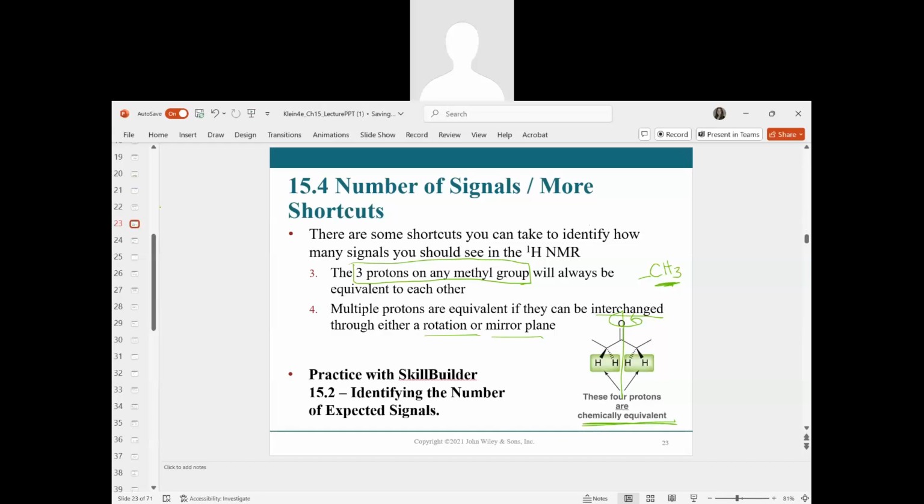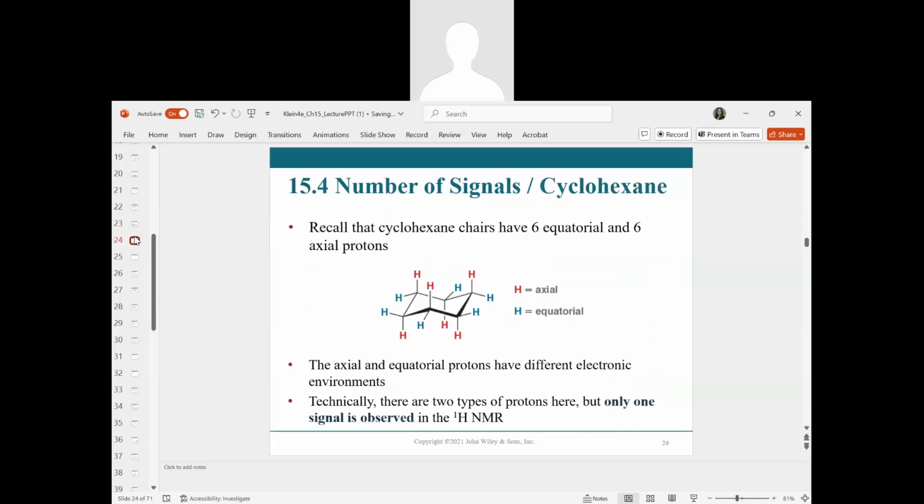That's because they are all chemically equivalent. So again, if you look for rotational axes of symmetry or planes of symmetry, that can shortcut your determination of whether you're going to see 1 or more signals. Again, it all has to do with our chemically equivalent environment.